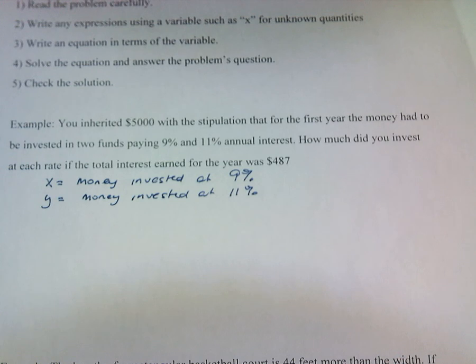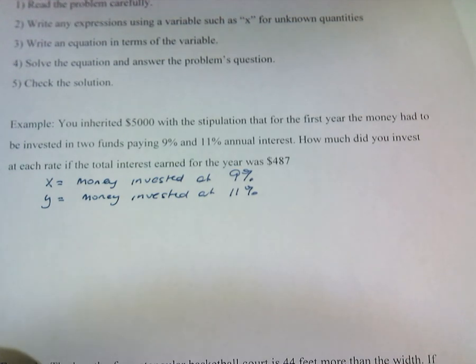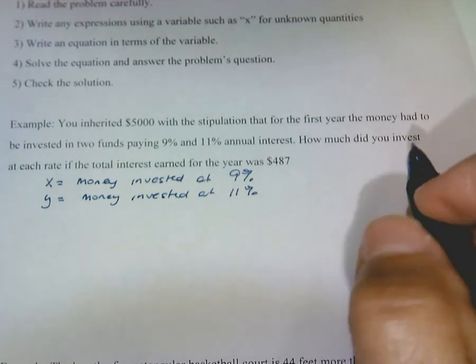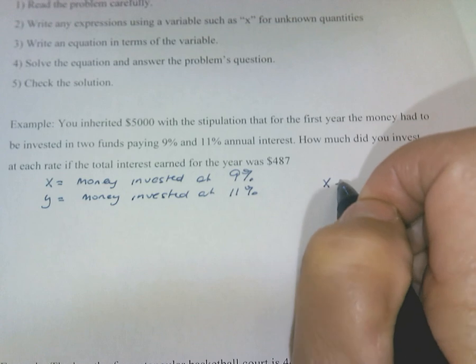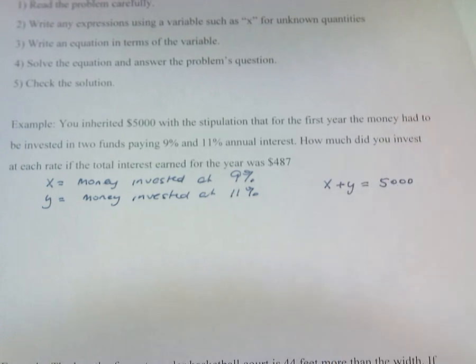I know that the total money I inherited was $5,000. So the total of my money invested at 9% and my money invested at 11% is $5,000. So I'm going to put x plus y equals 5,000.